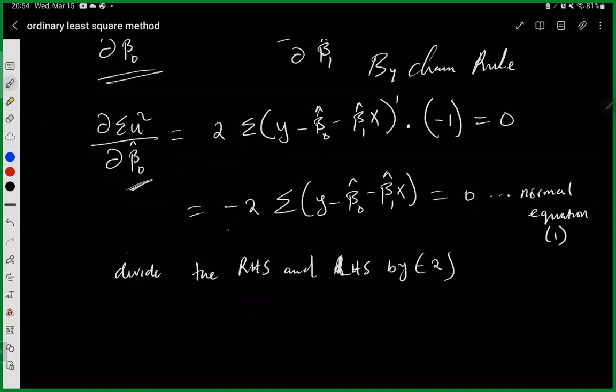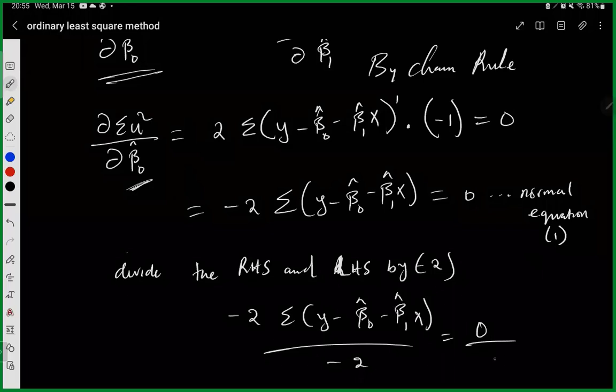This -2 here, we divide both this side and the other side. So we have -2 summation y minus beta naught hat minus beta 1 hat x divided by -2 is equal to 0 divided by -2.